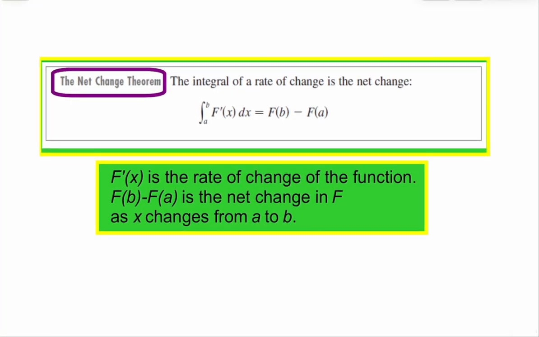Now here is some information about applications of integration. If we have a rate of change, so miles per hour, let's say that this big F prime is a rate of change, a miles per hour.